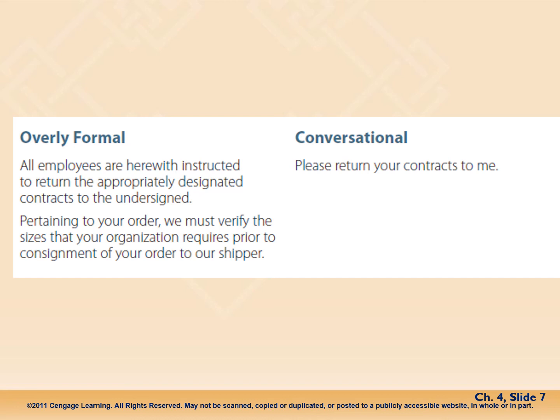Consignment of the order means sending your order to the shippers. So here again, it's a good surprise for you: we'll send your order as soon as we confirm the sizes you need. See how simply we can say things. You don't need to complicate things while you're writing business letters or any other professional writing.